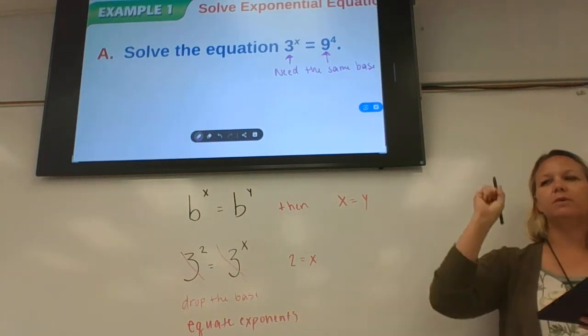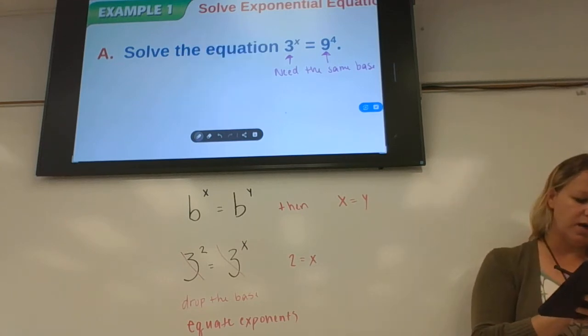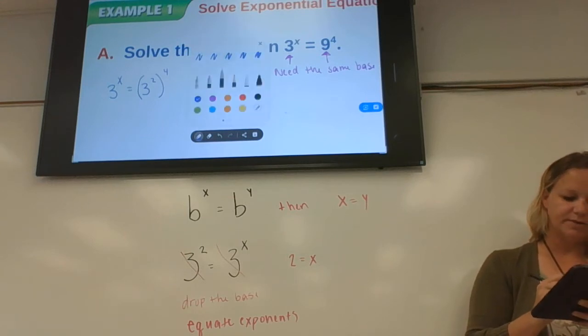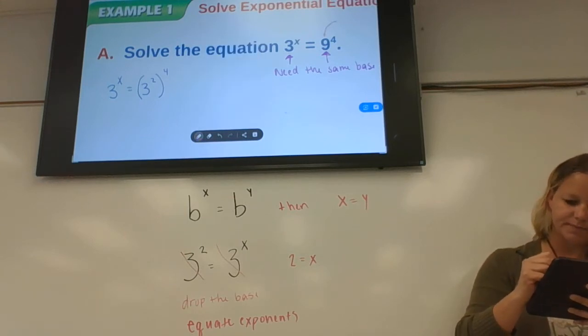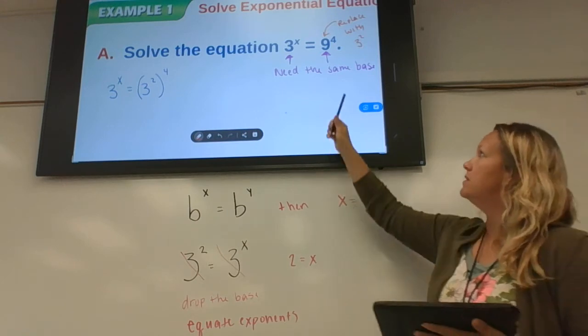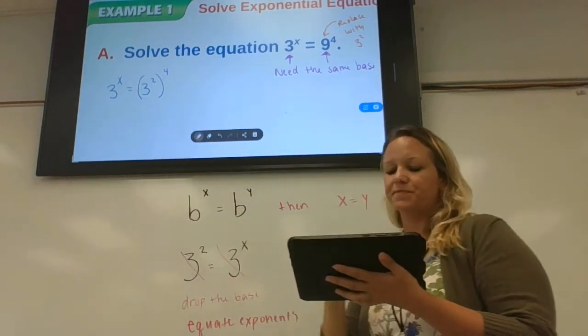So all of your numbers, you're gonna think, how can you rewrite them so that they are a number and a power? So we're gonna take 9 out and put 3 squared in. Nine is the same as 3 squared. So that's a legit substitution. I take 9 out and I put 3 squared in.